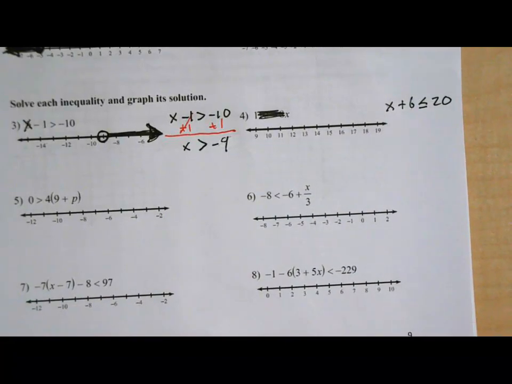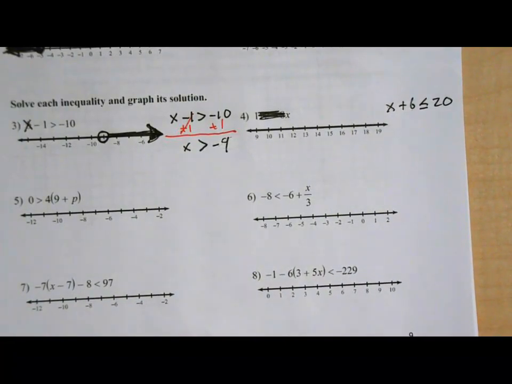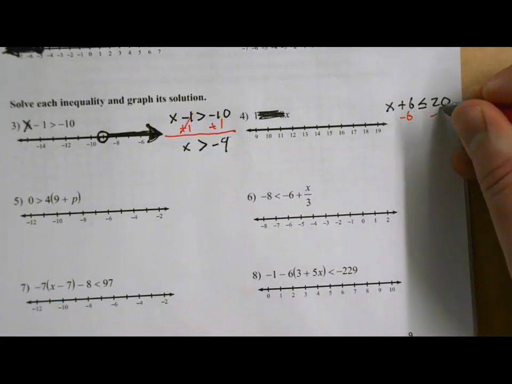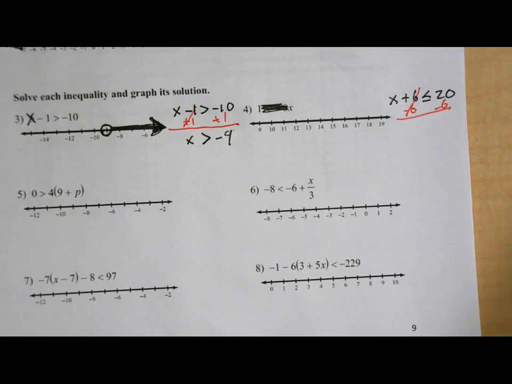X plus 6 is less than or equal to 20. Let's get x by itself here. What am I going to do on both sides? Minus 6. Minus 6. That should cancel my 6's, get me x by itself.